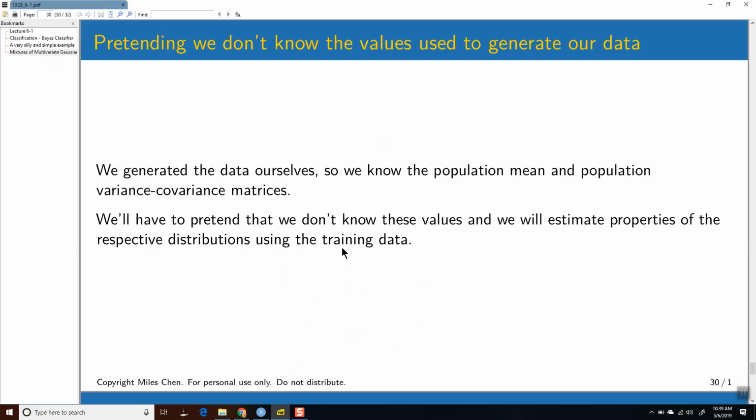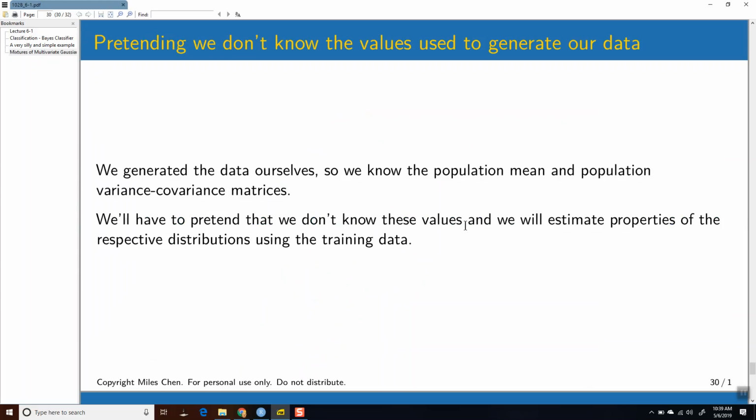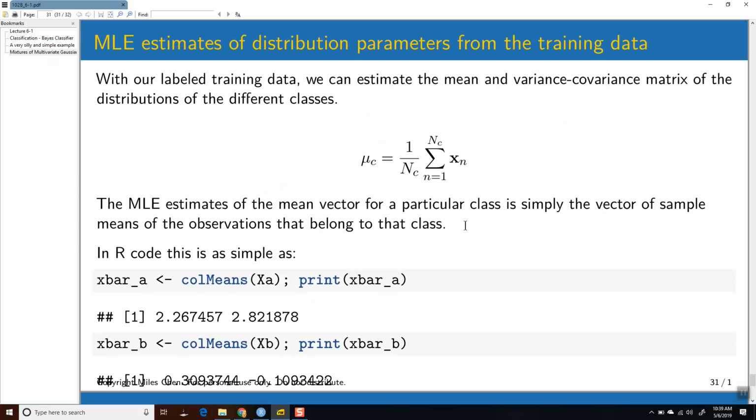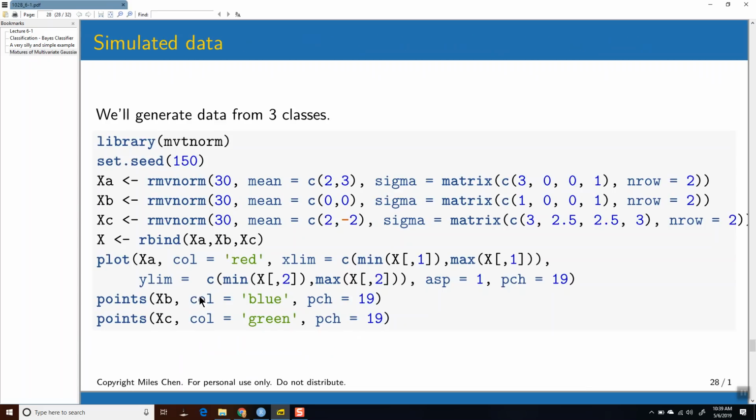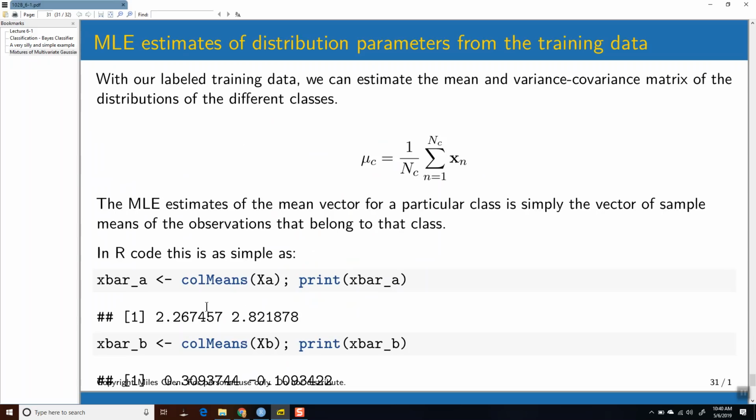One thing as far as proceeding is, this is a simulated case, so we know exactly the mean and the variance matrix that we used, but we have to pretend that we don't know these things. As far as the means go, all we have to do is take our matrix XA and ask for the column means.